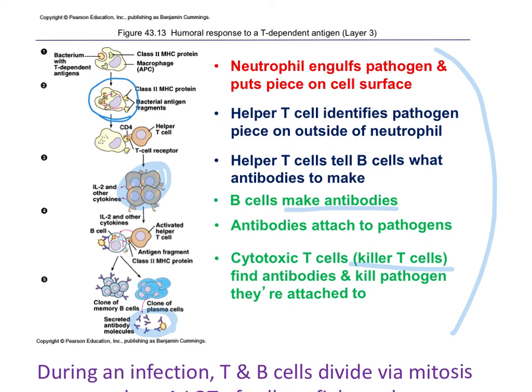So if I got infected with 2 different pathogens at the same time, my body would have to launch 2 totally separate attacks against each of them. It's not as though once I get sick one time, never in my life would I ever get sick with anything ever again. Obviously, that's not true. So every different pathogen needs its own launched attack.